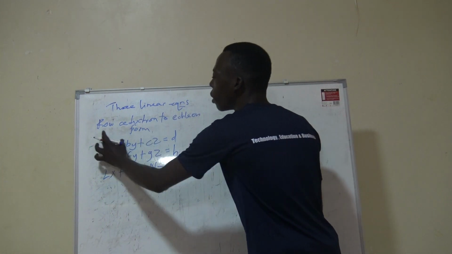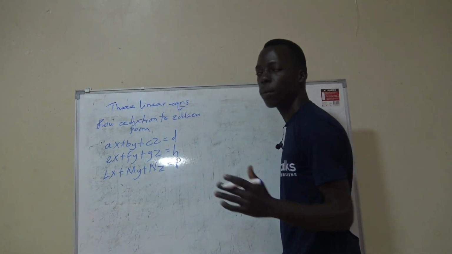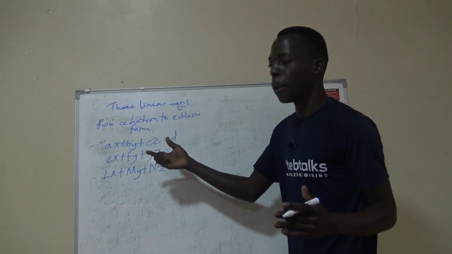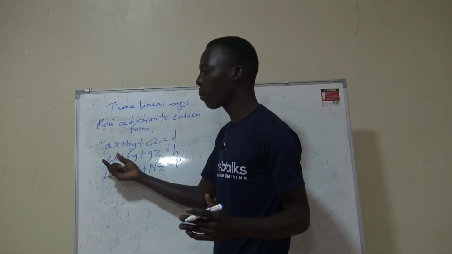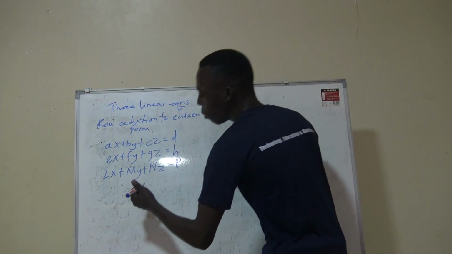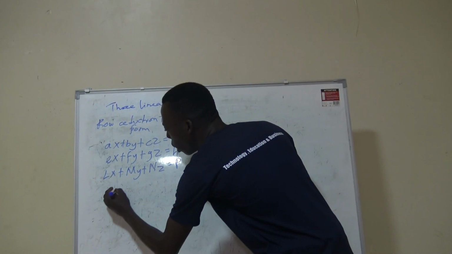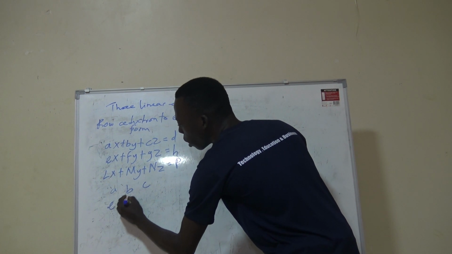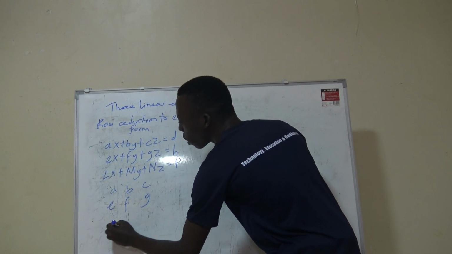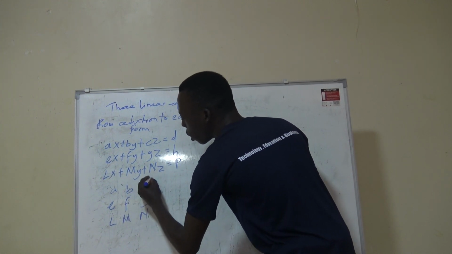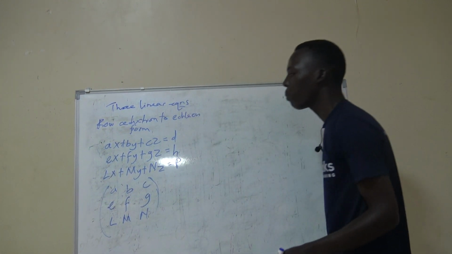By putting these in matrix form, we put the constants without the variables, that means the values of a, b, c and the others. So this one will be a, b, c, then e, f, g, then l, m, n.